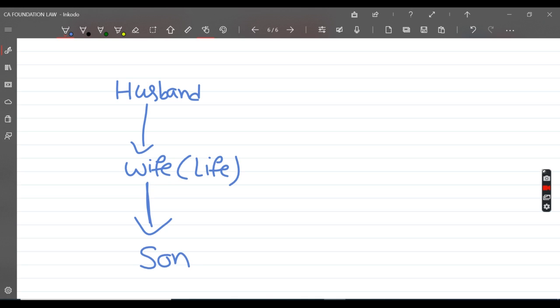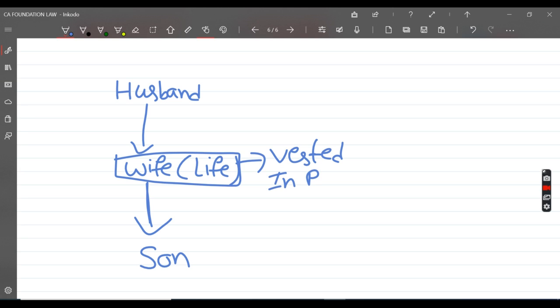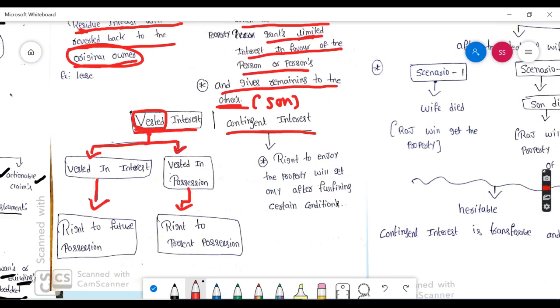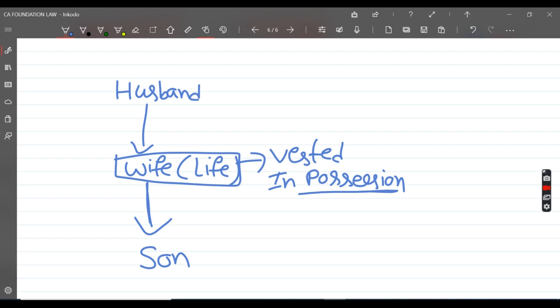Now wife has vested in possession. What is the definition? Vested in possession means right to present possession. I mean, in the present, she is enjoying the possession, right? That means she is enjoying the property. Vested in present possession.